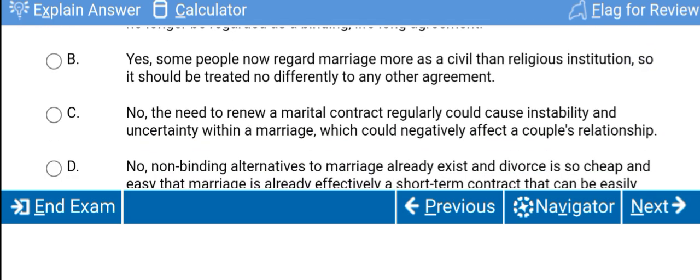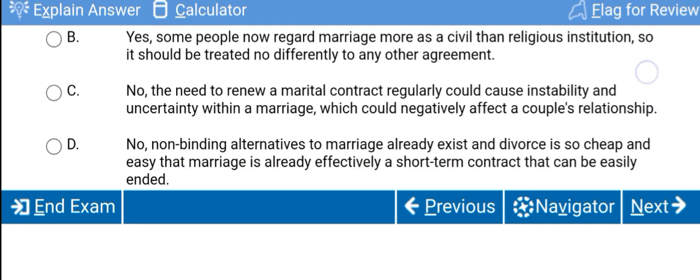Option C, no. The need to renew a marital contract regularly could cause instability and uncertainty within a marriage, which could negatively affect a couple's relationship. Option D, no. Non binding alternatives to marriage already exist, and divorce is so cheap and easy that marriage is already effectively a short term contract that can be easily ended.